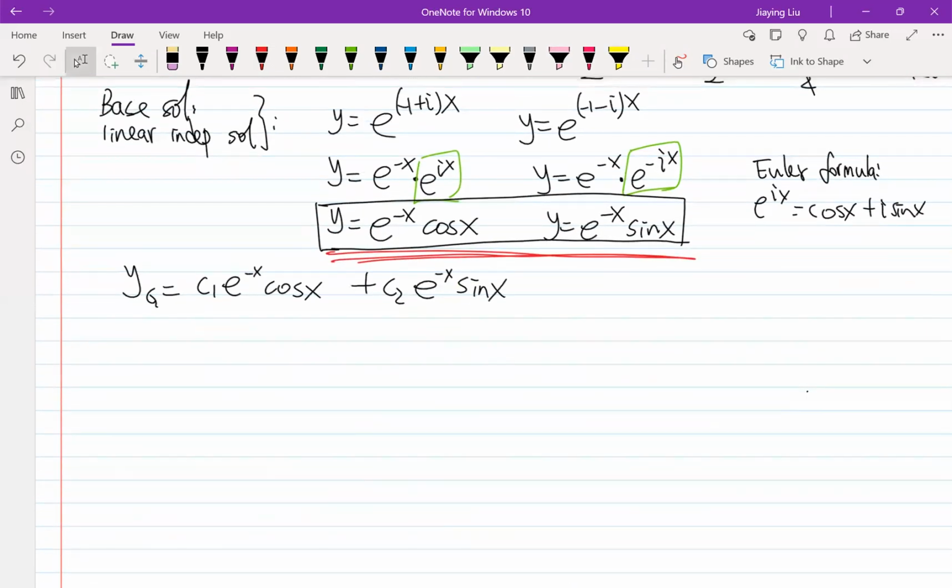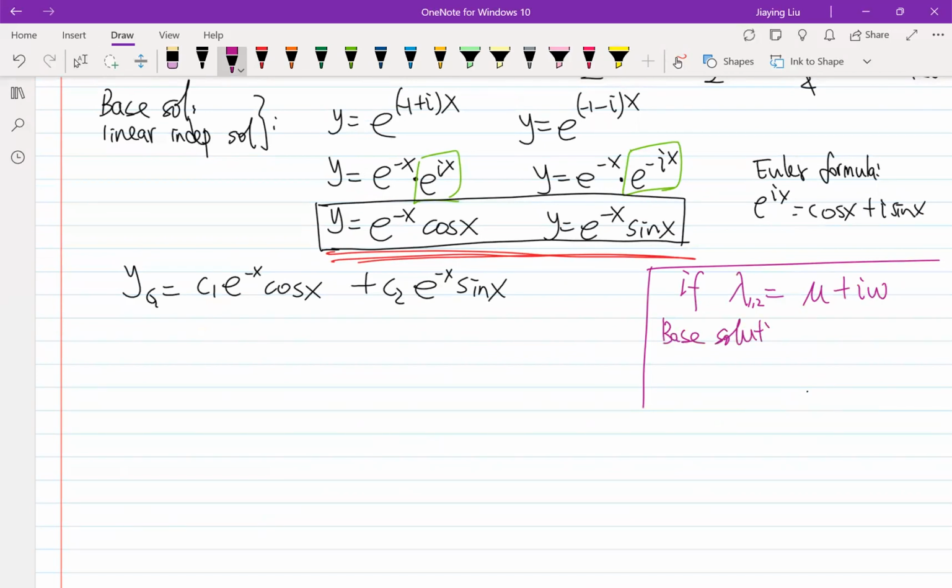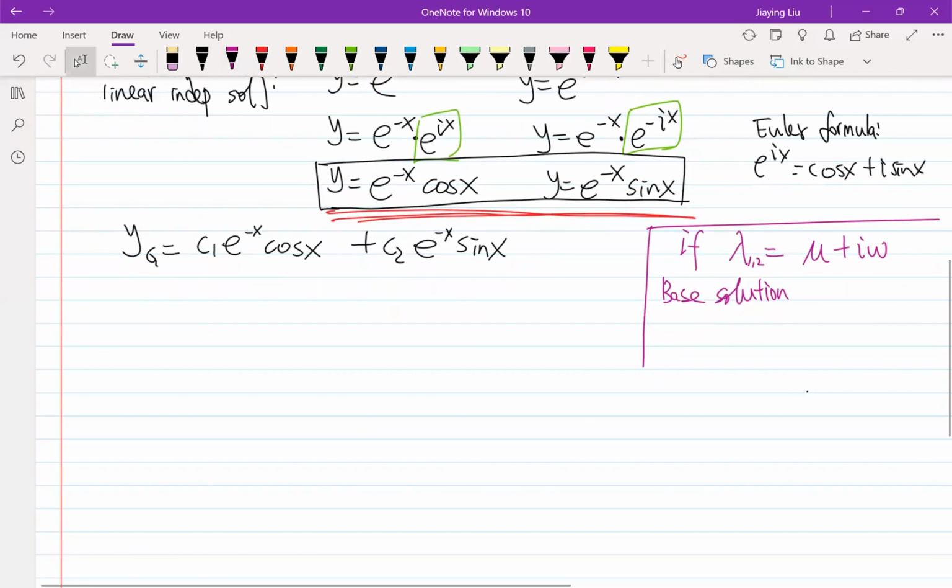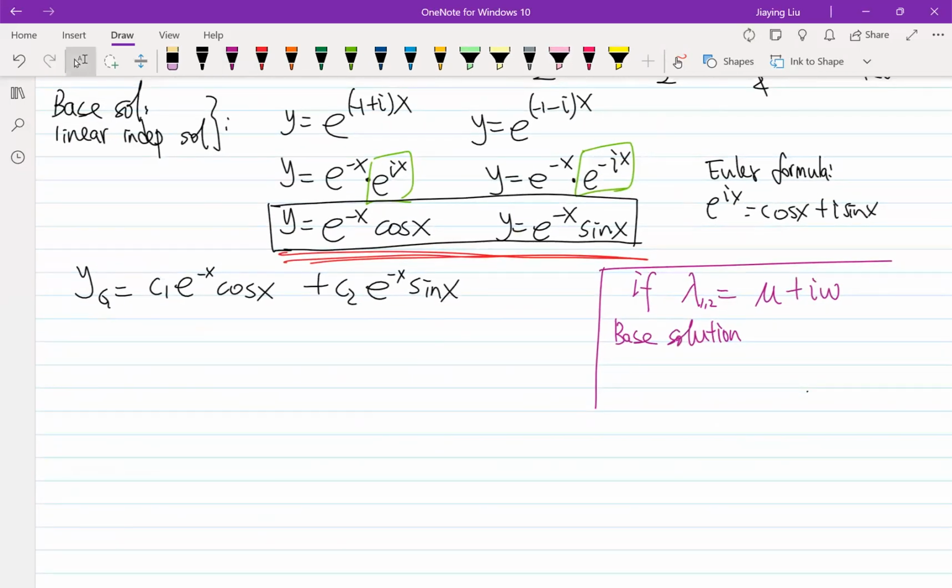So before I move on to find C1, C2, I just want to remind you that if we have lambda 1 and lambda 2 equals mu plus minus i omega, then the base solutions, again, there are three ways to write it, but the first two are kind of the same.